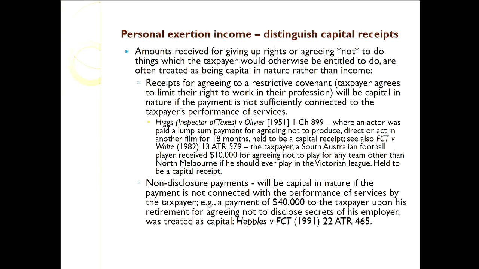Is that income? Well, if it's truly a payment for not doing what you're entitled to, it is treated in the law as a capital receipt, not income, right?